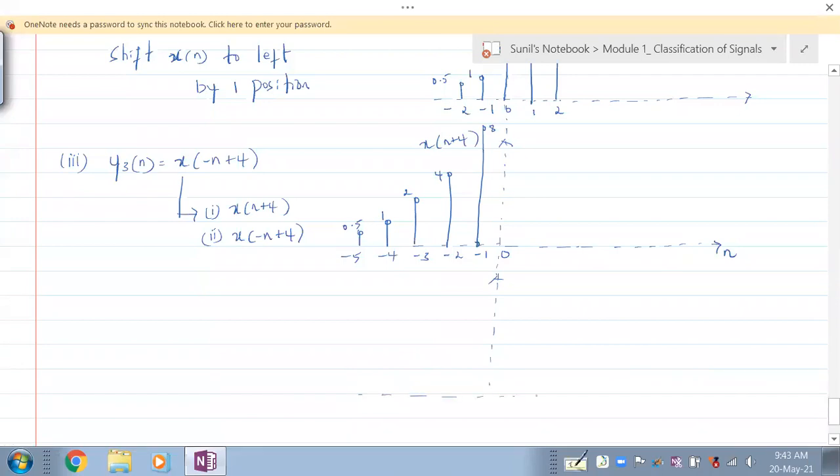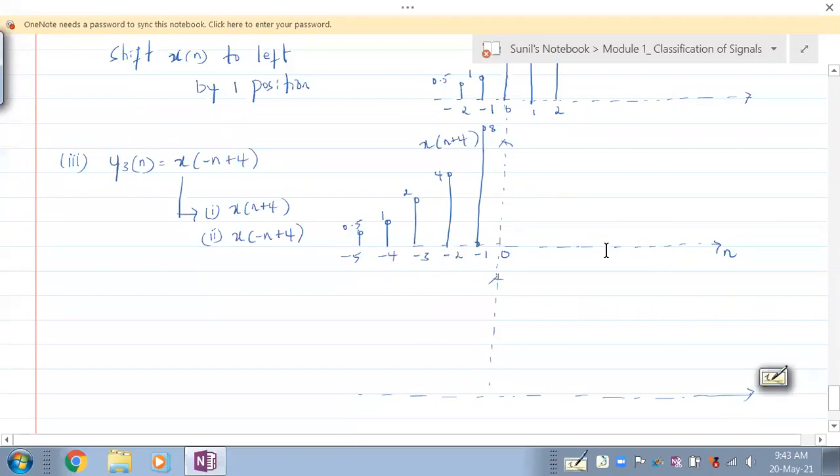Let's have that here. Now if you take the reflection, the sample which is at -1 should come at 1, at -2 should come at 2, -3 will come at 3, and whatever is at -4 and -5 will come at 4 and 5 respectively. So in that sense, we need to have this.